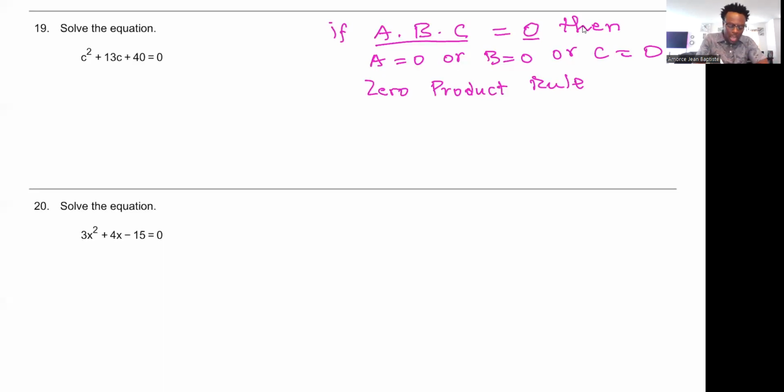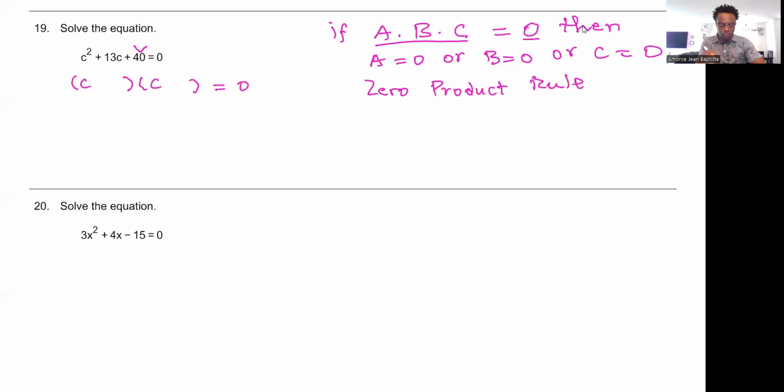So let's start here. How do you factor this so you can have the product equals 0 to use the zero product rule? Because the coefficient of the squared term is 1, we have a monic trinomial. So that's going to go as C for each parenthesis, and find two factors of 40 that the sum is 13.